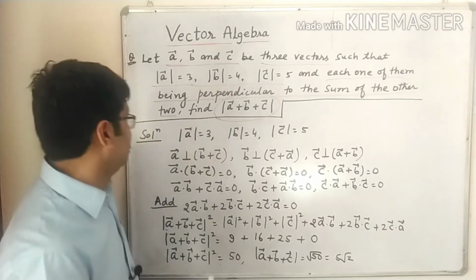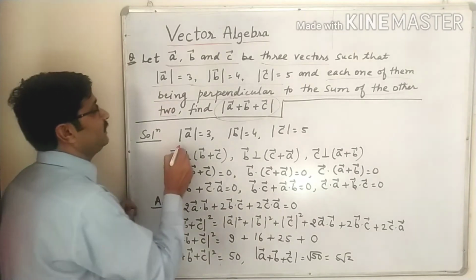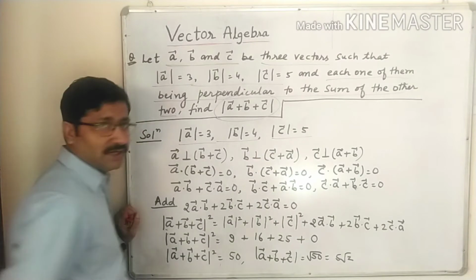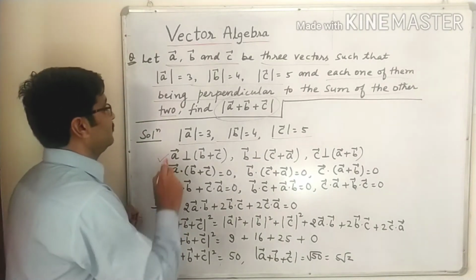Look here. Modulus A is given 3, modulus B is given 4, and modulus C is given 5.